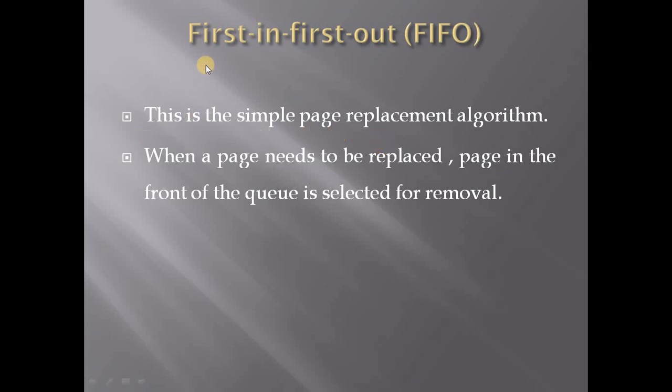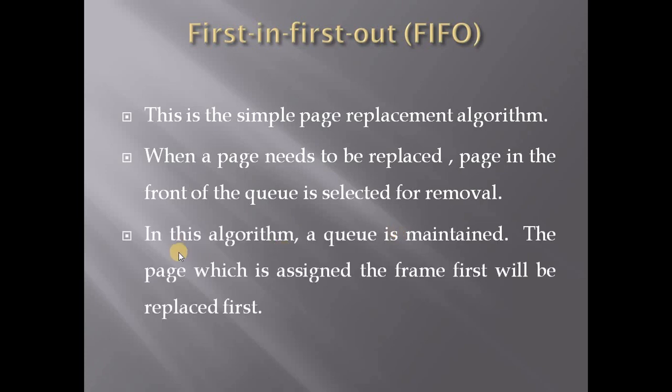So for first in first out, we are going to use the data structure queue. The page which is in front of the queue will be replaced first. In this algorithm, a queue is maintained. The page which is assigned the first frame will be replaced first.